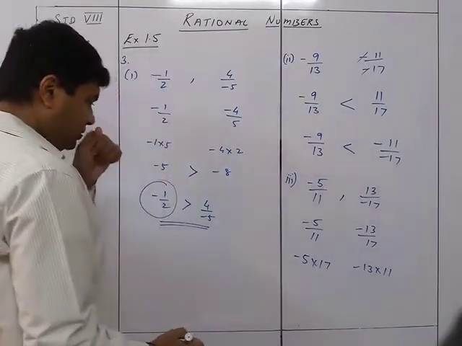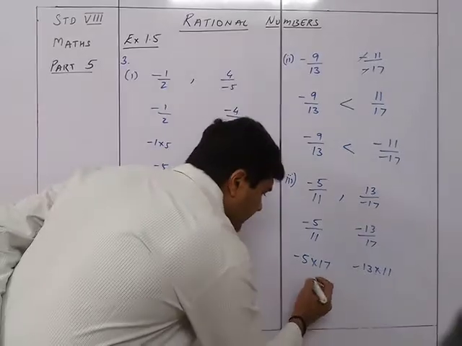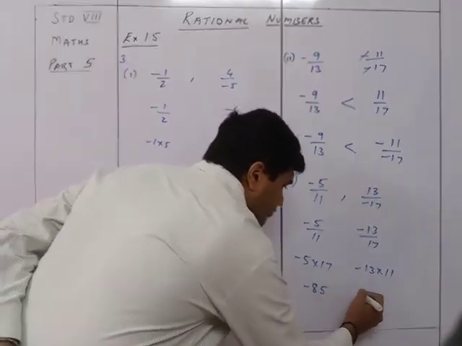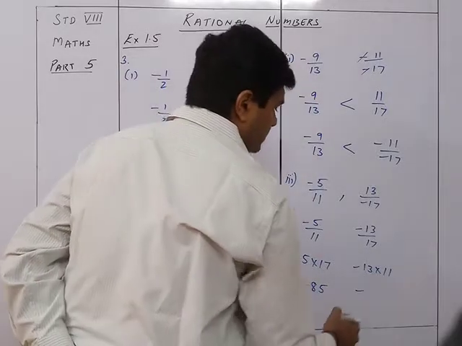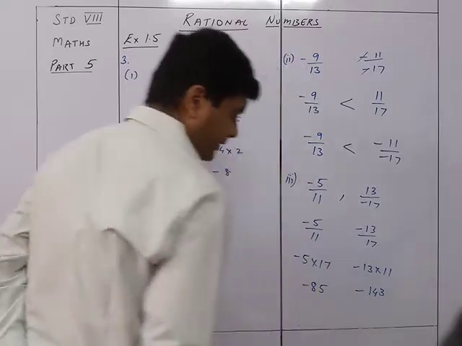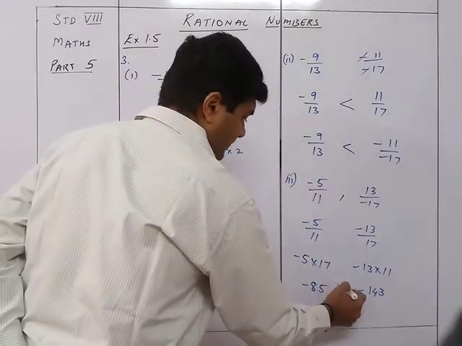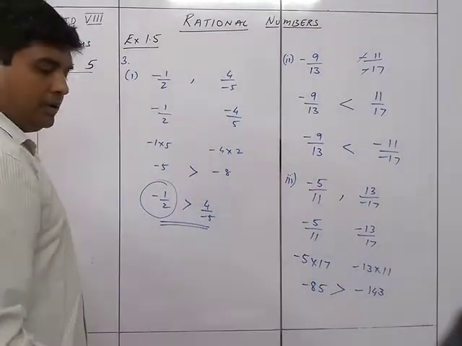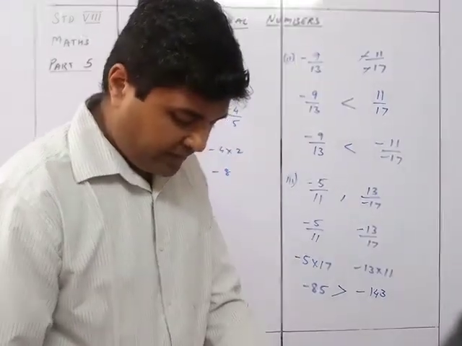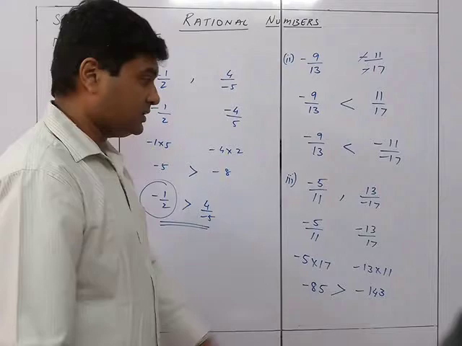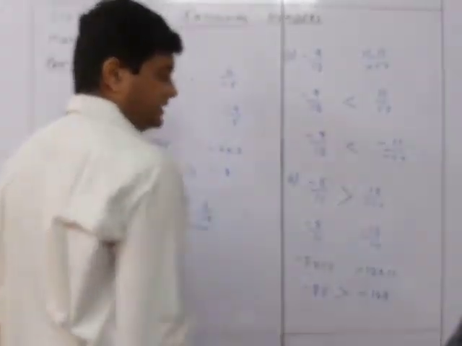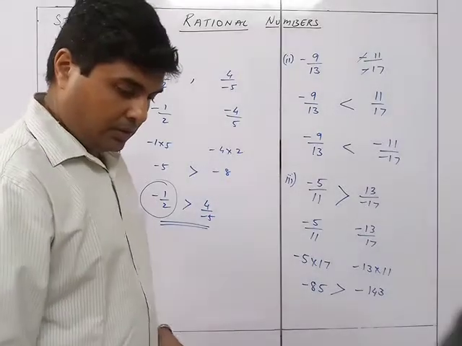So this will be minus 85 and this will be minus 143. Obviously this is greater. So we know that minus 5 upon 11 will be greater than 13 upon minus 17. So we'll put the greater than sign over here.